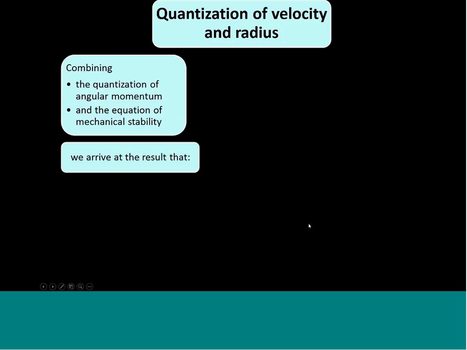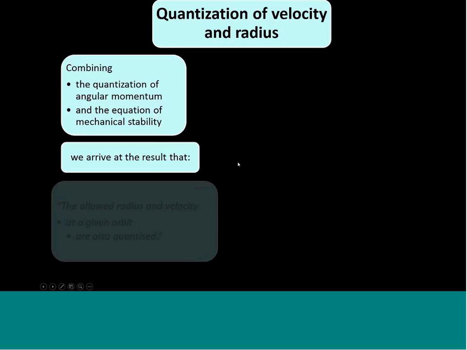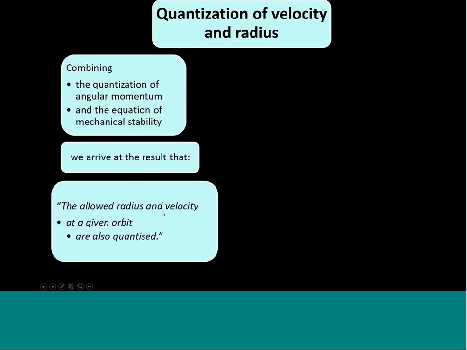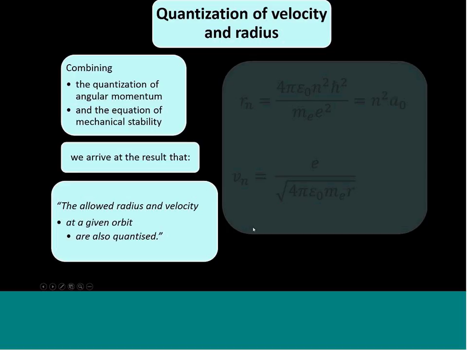For velocity and radius, find the quantizations of angular momentum, the MU, dengan equations of mechanical stability. So kita dapat result, the radius and velocity at a given orbit are also quantized.